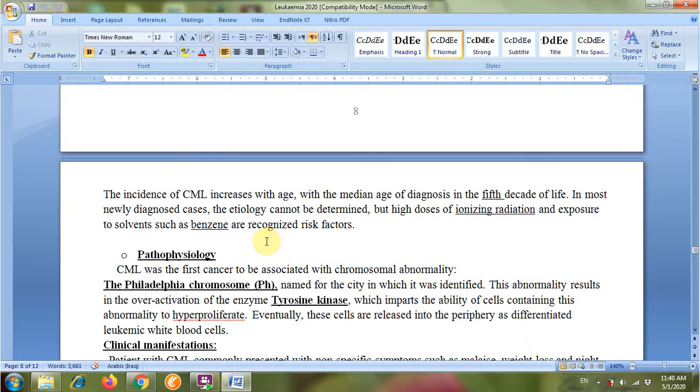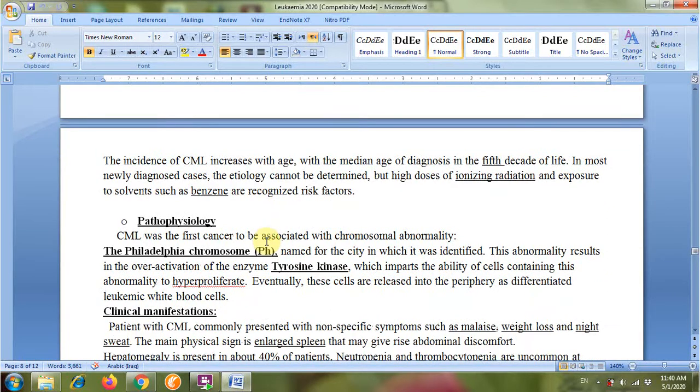This exposure will produce genetic chromosomal abnormalities, or indeed there is a translocation between chromosome 9 and 22 in these myeloid progenitor cells.